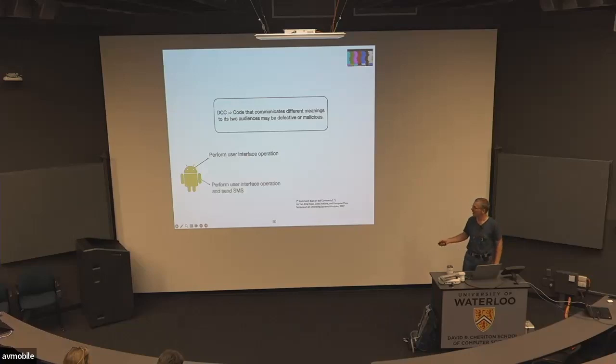And it does that, but it also does something else, like send your SMS. This would be an example of a dual channel constraint, because what it's telling you in the natural language channel is inconsistent with what it's actually doing.